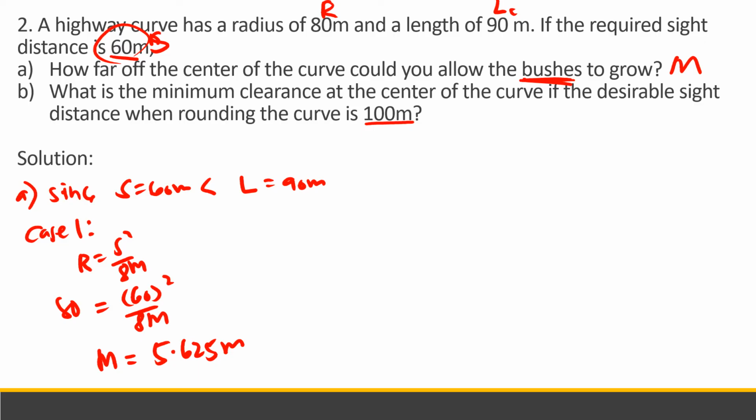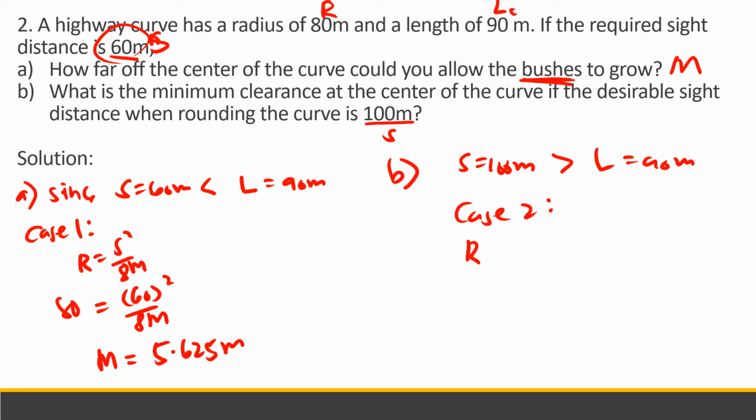So for the next problem, B, S is 100 meters. So this is S, which is greater than the length of the curve na 90 meters. So this is under case 2.